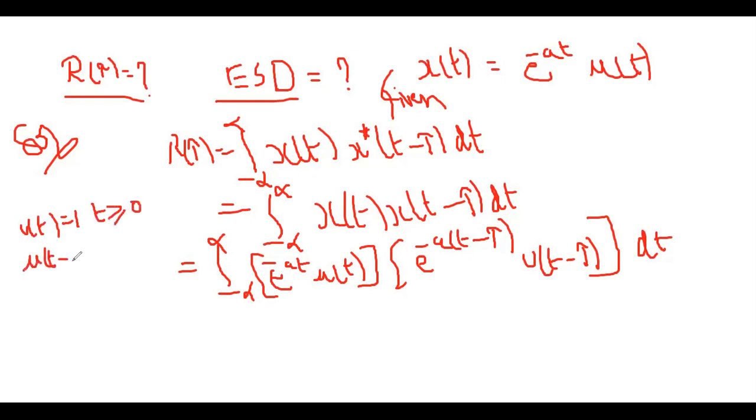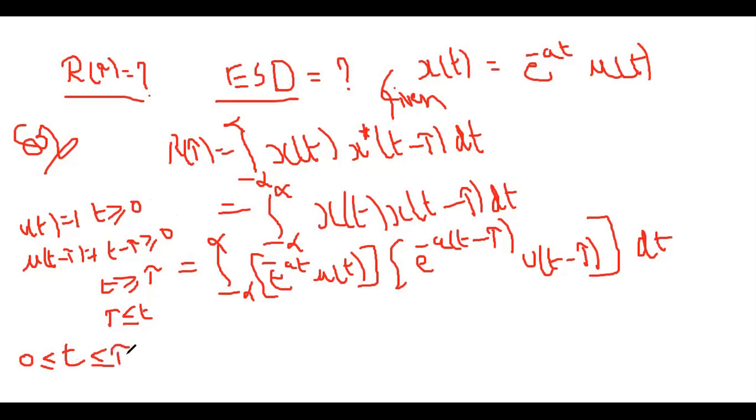Mu of t minus tau is equal to 1 for t minus tau greater than or equal to 0, so t is greater than or equal to tau, and tau is less than or equal to t, meaning it varies between 0 and t.